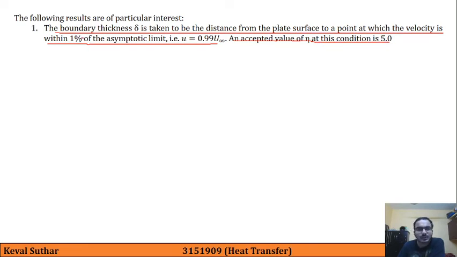So we have already understood this definition of boundary layer, that is 99% of free stream velocity. So here the value of delta is the value of y, that is the transverse distance from the plate surface, when the value of eta is 5.0. So which is given by this, that is 5.0 square root of nu into x over u infinity.